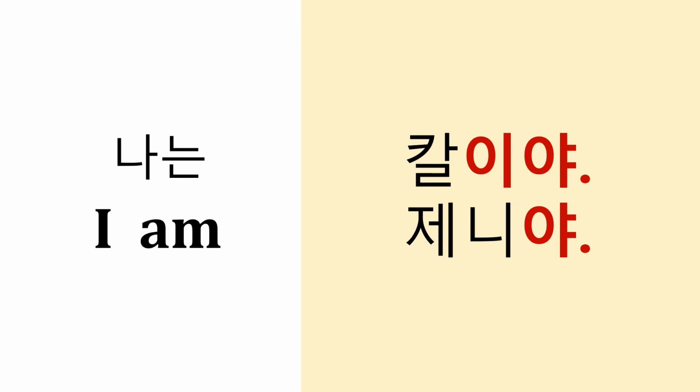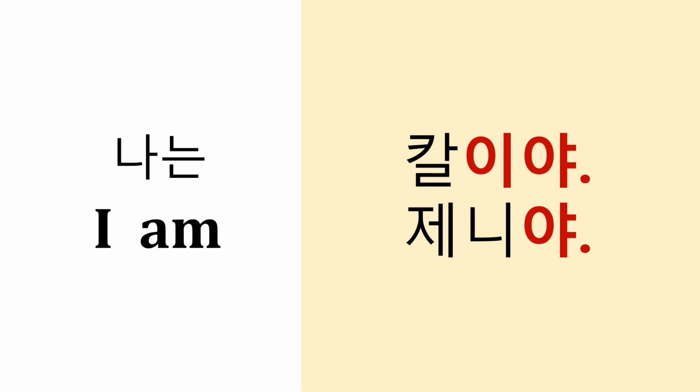For Jenny, it would be 나는 제니야. Again here, Jenny doesn't have 받침 in the last syllable, so you would just use 야. For Carl, however, it would become 나는 칼이야.